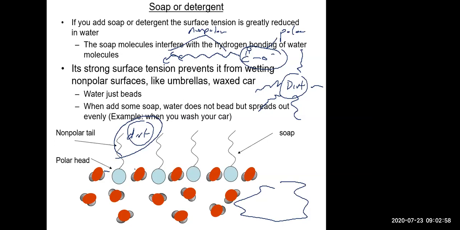And the nice thing about that is when it traps it, on the outside we have the polar part of soap, and you typically will then wash it off with water, and that will mix really well with water. So as the soap goes out that has the dirt trapped in it, you are clean. That is how soap works, I guess. And again, it allows it to spread out. It's good to know how that works, I suppose.